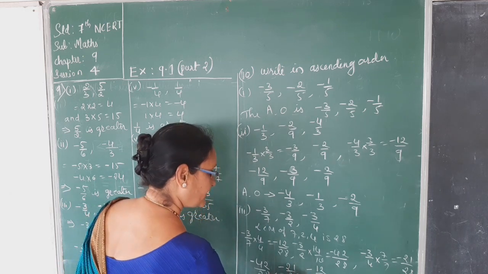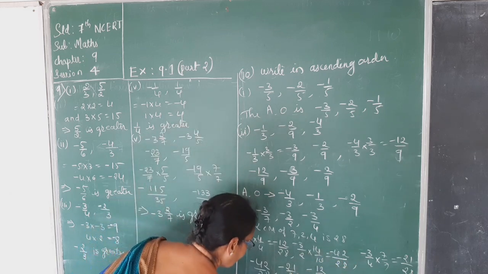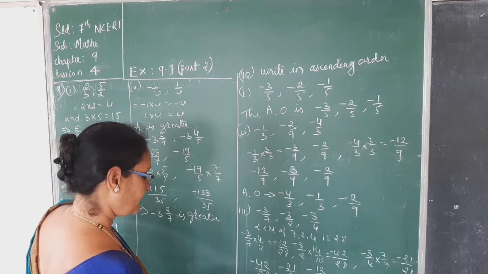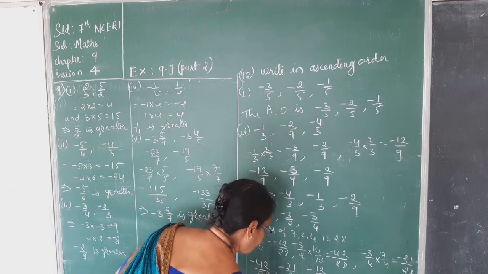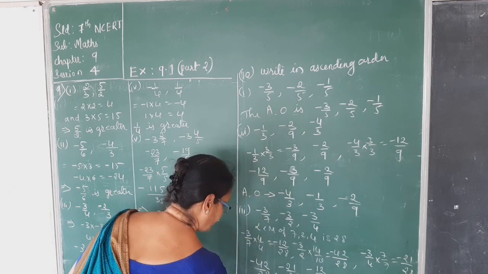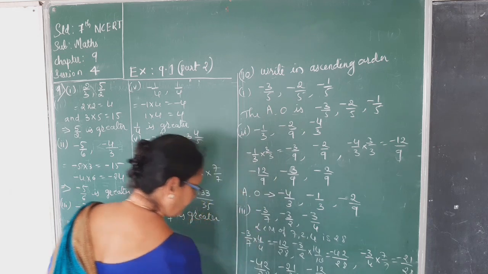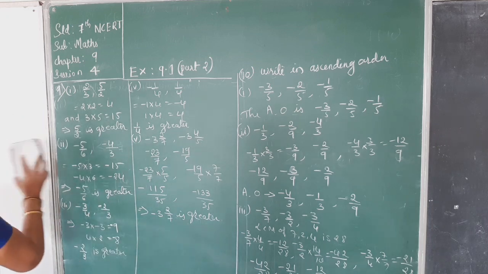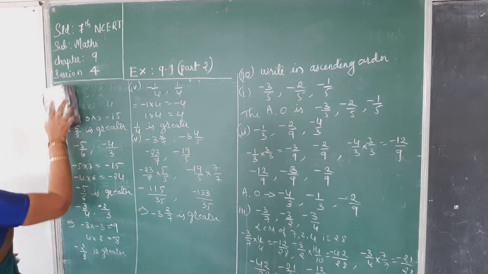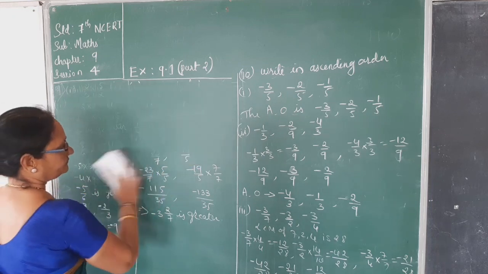Then afterwards minus 21 by 28 means minus 3 by 4. And then minus 3 by 7. I think you can't see that one. Better I will work and I will show here. I hope this you have taken already.